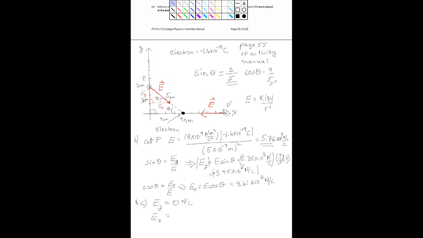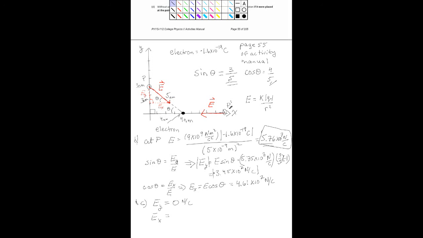So what can we say about the x component? Well, remember, this point is 5 nanometers from the electron. That's the same distance the point P is. So the magnitude of the field at P prime here is the same as what it was previously. It's 5.76 times 10 to the 7 newtons per coulomb.